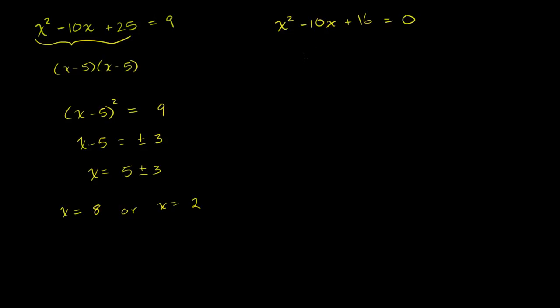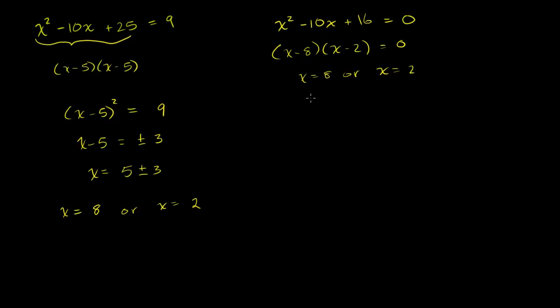And here, this would be just a traditional factoring problem, the type that we've seen in the last few videos. What 2 numbers, when you take their product, you get positive 16. And when you sum them, you get negative 10. And maybe negative 8 and negative 2 jump into your brain. So we get x minus 8 times x minus 2 is equal to 0. And so x could be equal to 8, or x could be equal to 2.